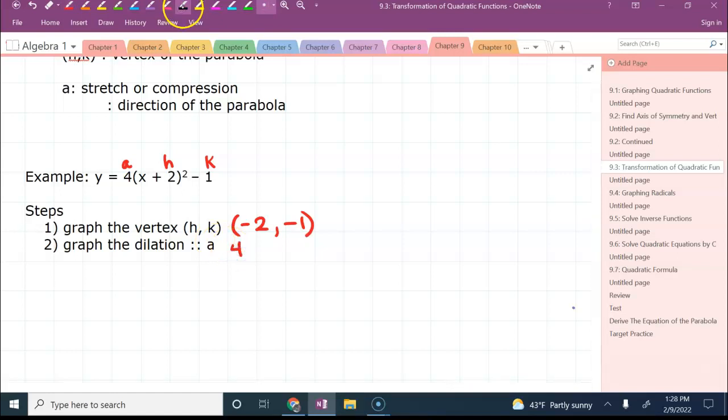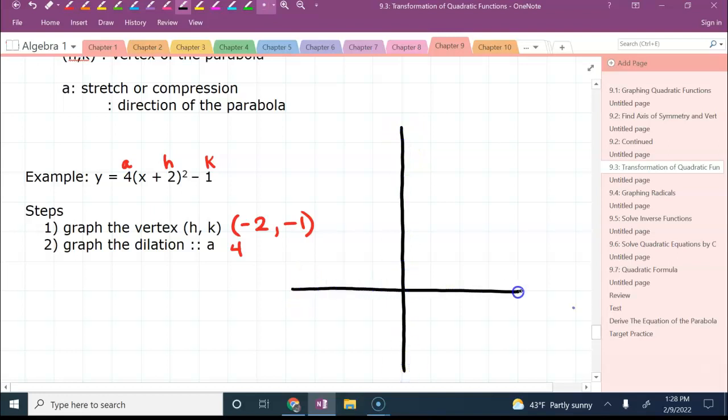So to graph this, I'm going to start at my vertex, so I'm going to go -2, -1, and draw that point. And then I'm still going to go 1 to the left and 1 to the right, but I'm going to go up 4. So this graph is even skinnier than that one that I had shown you up above.